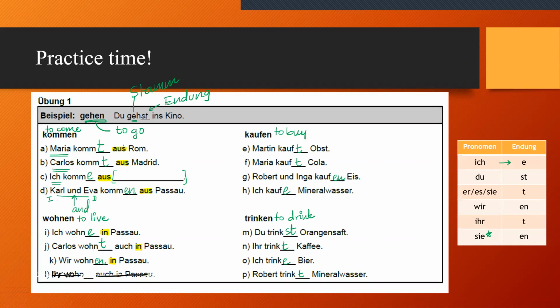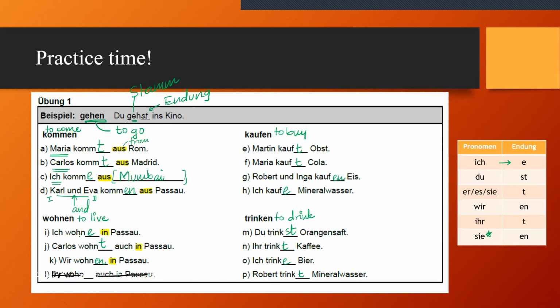So Maria kommt aus Rome. Maria is from Rome. Carlos comes from Madrid. So for me, I would say ich komme aus Mumbai, for example, and so on.